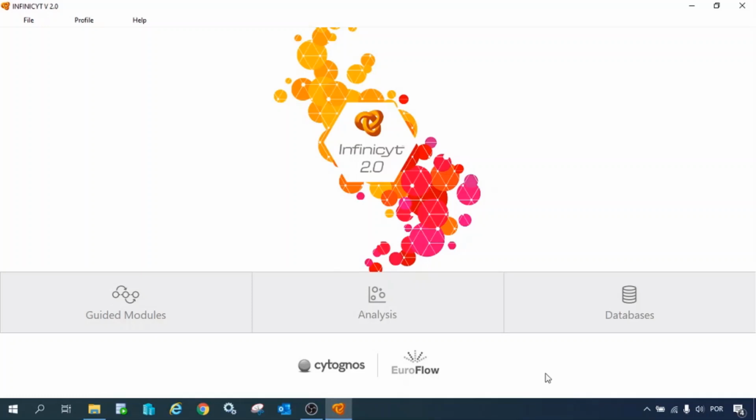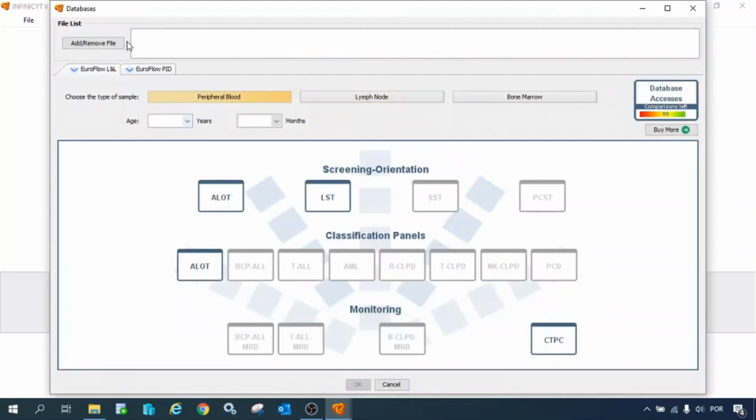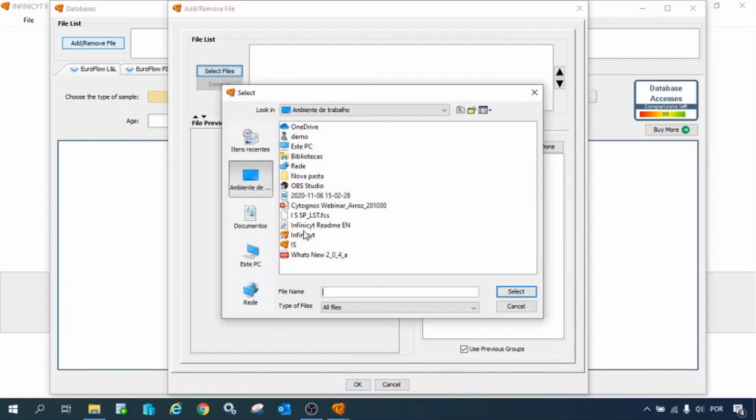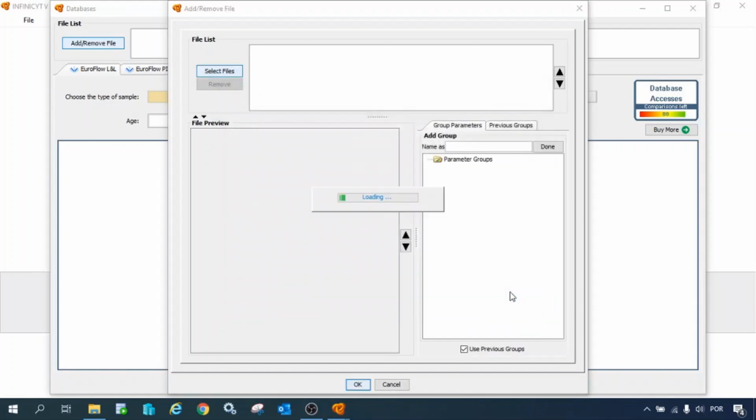Now let's do our live demonstration using the database. So I will include the file. I will select it. It's this one. Select.